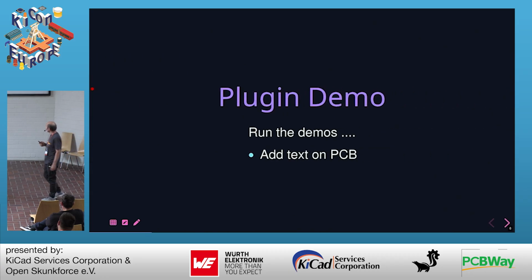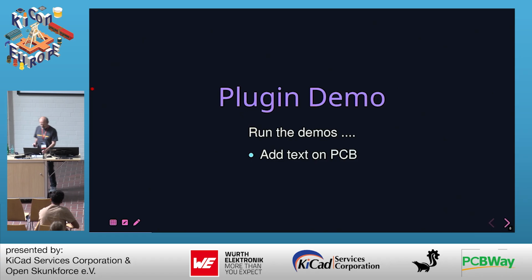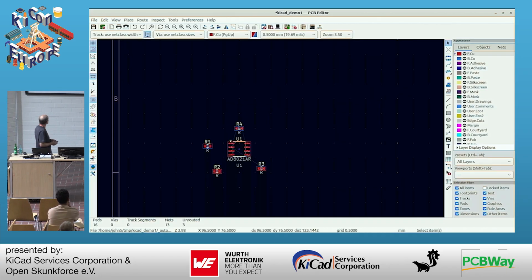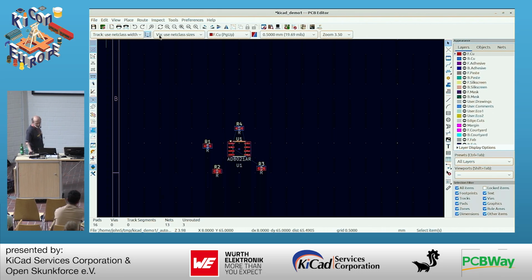So I'll start off with a demo. This is a very simple hello world demo. The only thing it's going to do is place a hello world text on the PCB. When you install a plugin, you actually get a new icon.